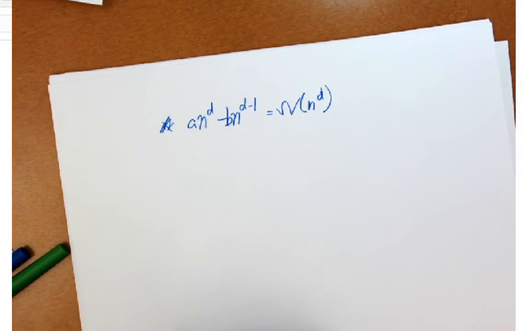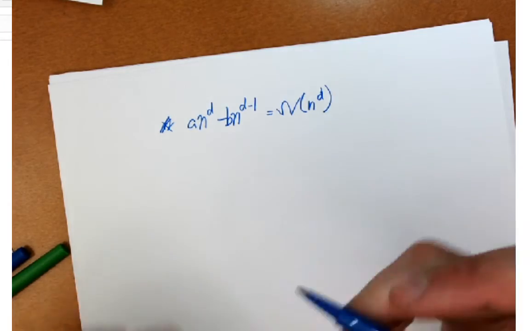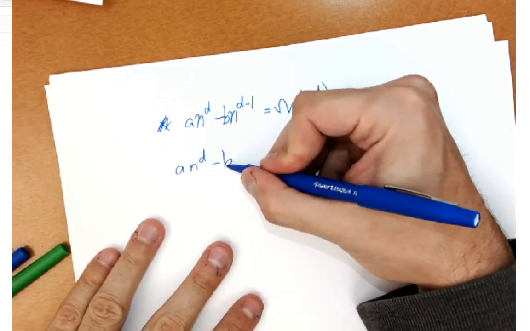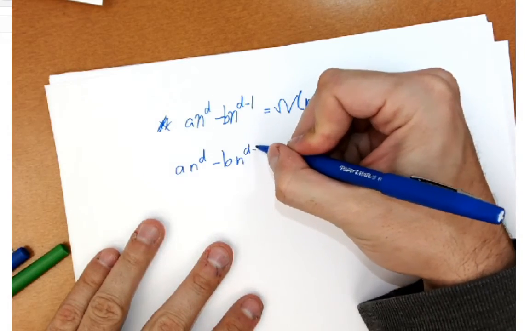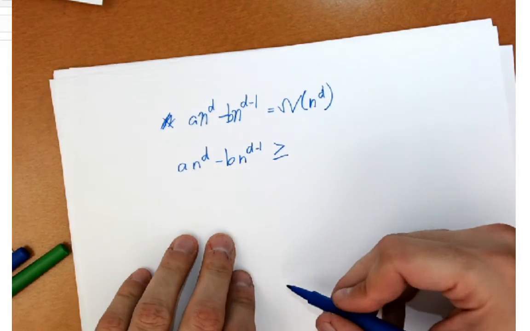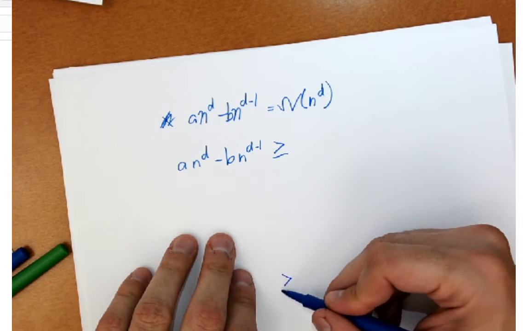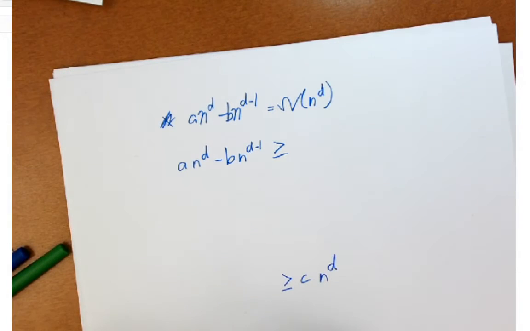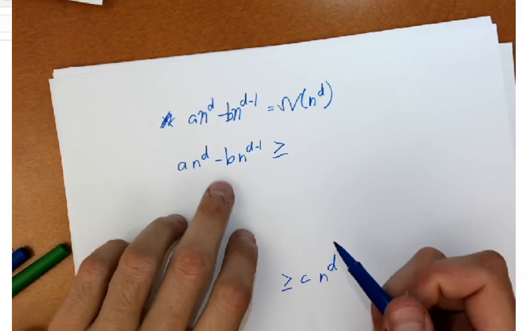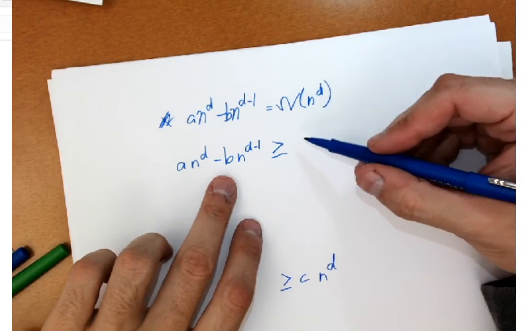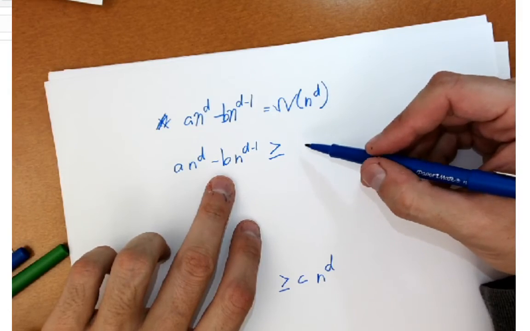That's kind of the general formula, which means that you want to say a times n to the d minus b times n to the d minus 1 should be greater than or equal to, again, at the end, some constant times n to the d.